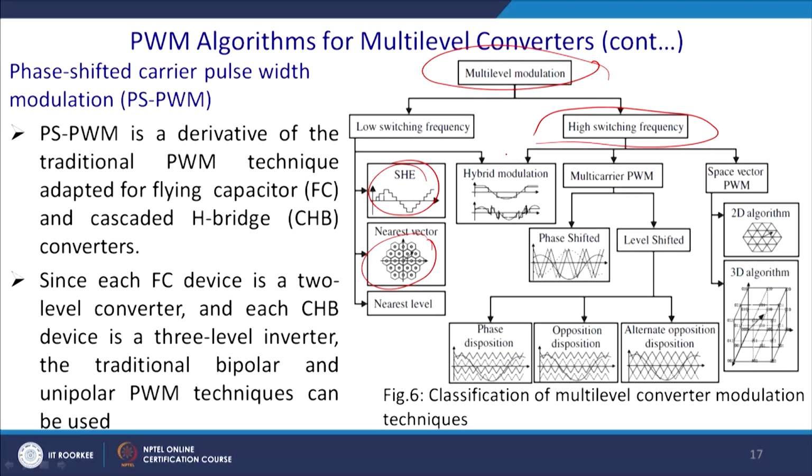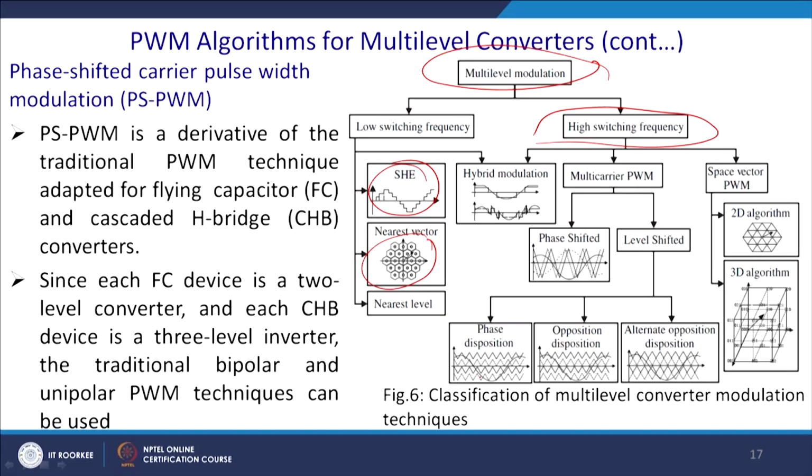One is hybrid modulation, that is basically you can use SHE and PWM combined. Thereafter, you can have a multi carrier PWM. This is a phase shifted PWM, phase shifted by 60 degrees or something, whatever the level. And you may have a level shifted PWM.